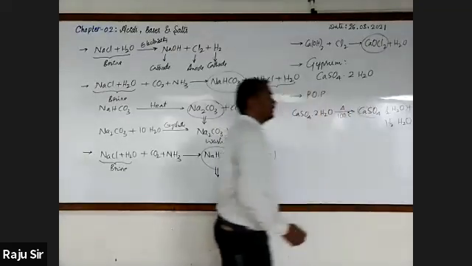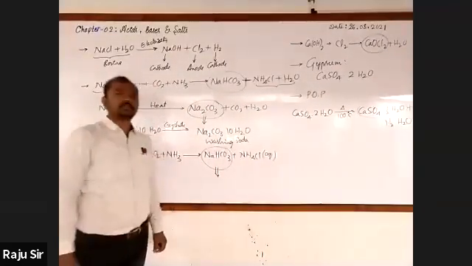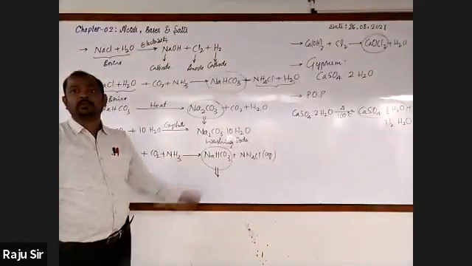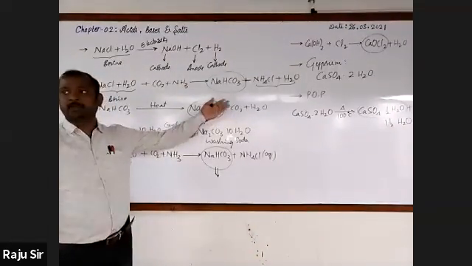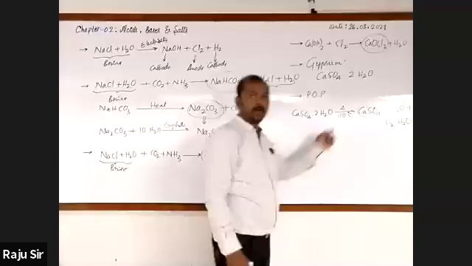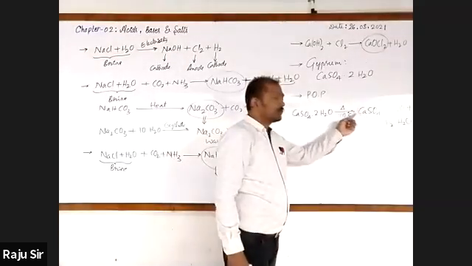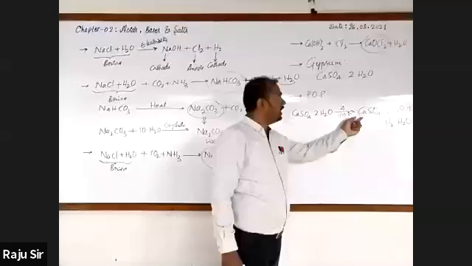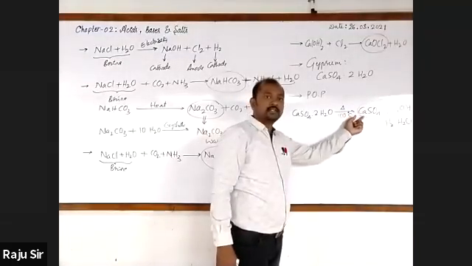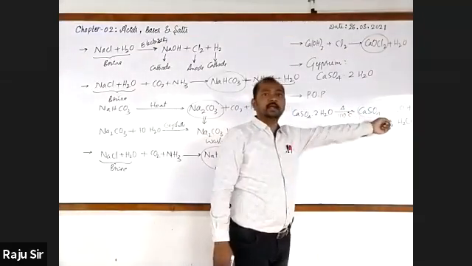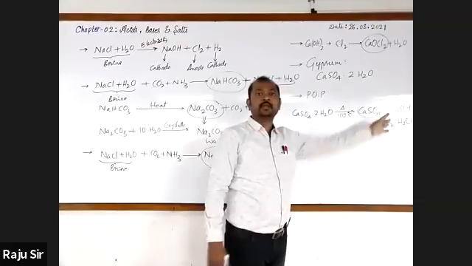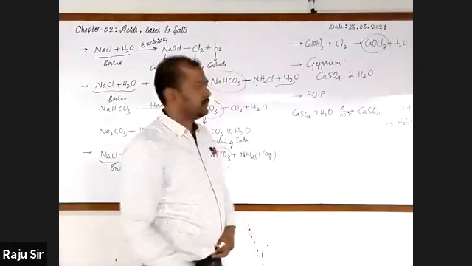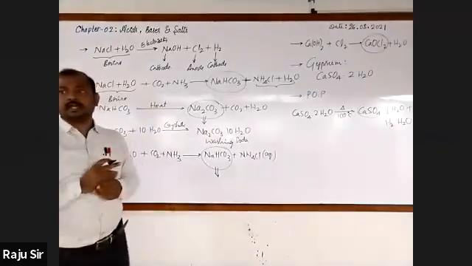This compound, CaSO4·½H2O, is called Plaster of Paris, POP. Please remember the chemical name of POP is calcium sulfate hemihydrate. I think this much was discussed in the last class, right?